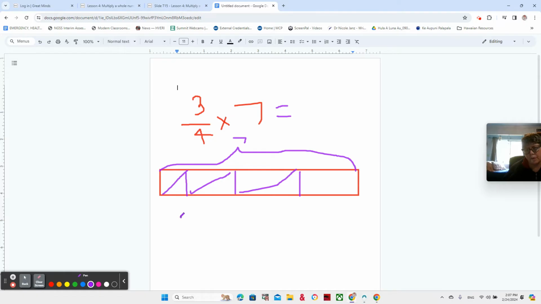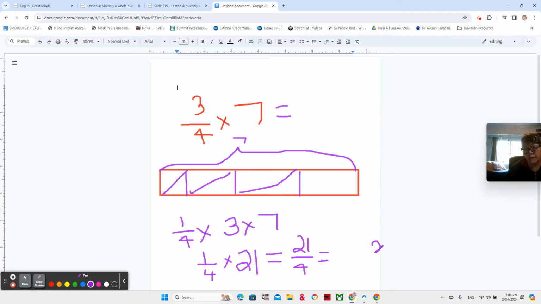So I could think about 1/4 using my unit fraction times 3 times 7, right? Because 3/4 is the same as 1/4 times 3. And that would be 1/4 times 21. Which would be the same as 21/4, right?